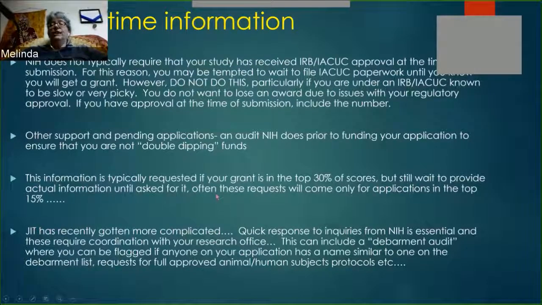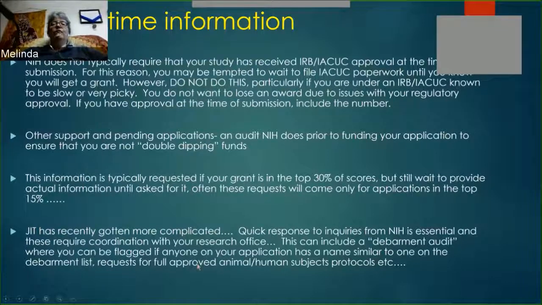That held up the funding on my grant significantly, even though I was on it right away, just because it takes time to write this and write the certifications and get the research office to submit it. And then you go to the bottom of the funding pile.